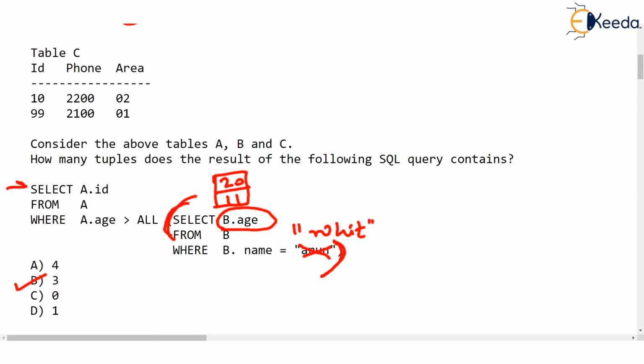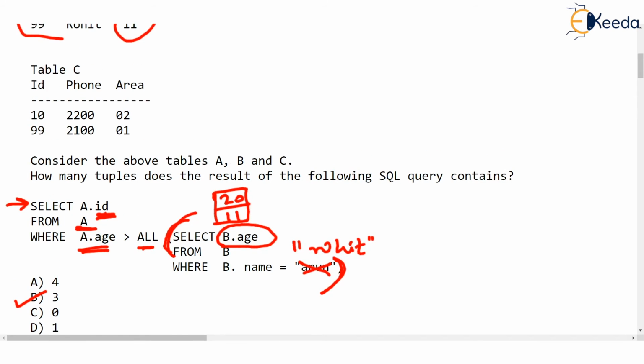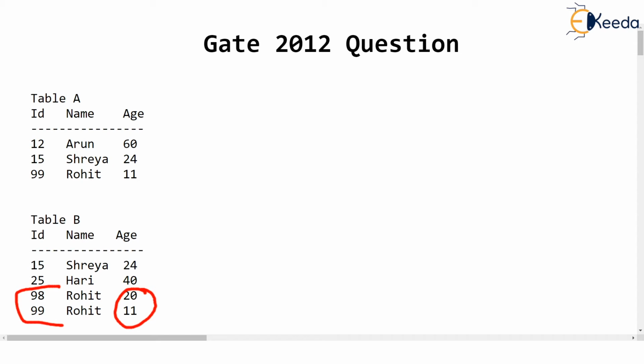It says, look into table A and select only those IDs where the age of that row is greater than all the ages in the inner query. If you take the first row, we ask, is A dot age greater than all, 20 and 11? Of course, 60 is greater than all the entries here, so 12 will be selected.